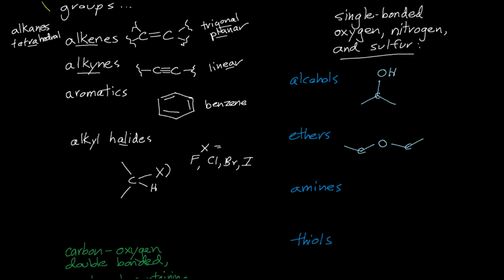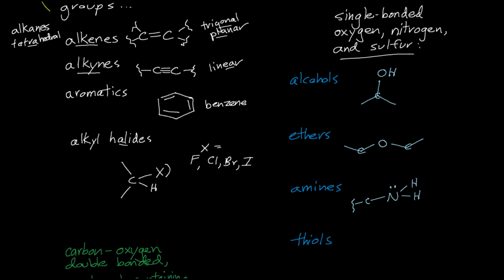And an amine is nitrogen connected to a carbon, which in turn is connected to whatever else. Amines need the nitrogen to have 3 bonds and a lone pair. So that's an amine.